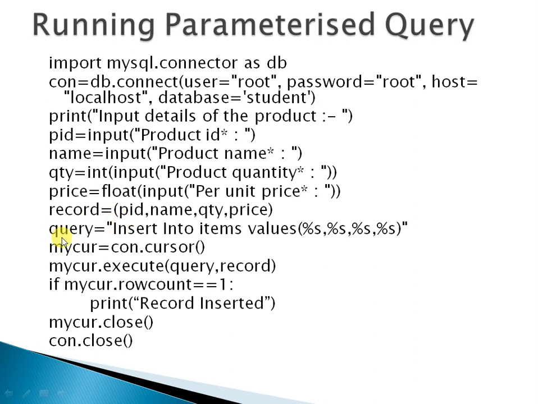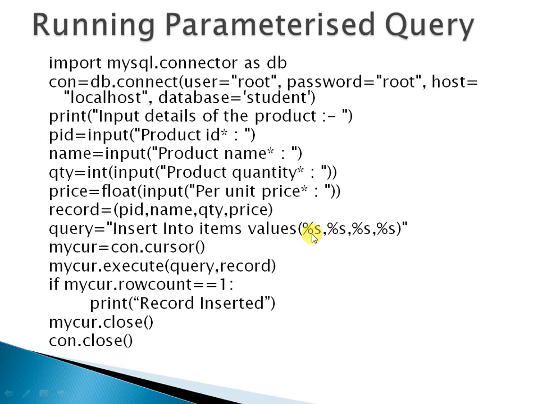and there will be a bit of change in the query pattern. When you write the query, you will write insert into items values. Instead of providing the values yourself, you will use a place marker that is called %s. These %s signs will be substituted by the values provided by the user.